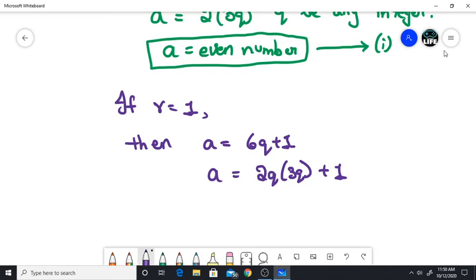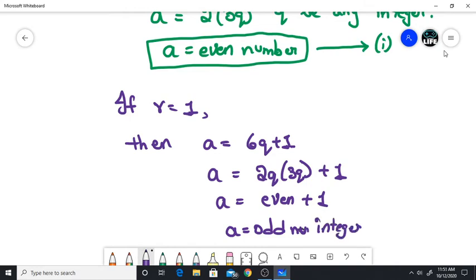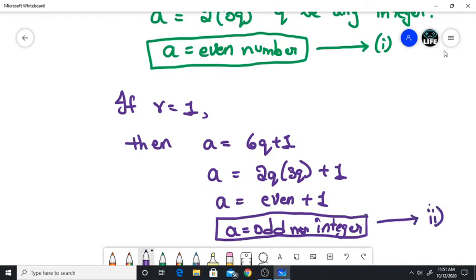We have shown in equation 1 that 2 into 3q gives you an even number. So a equals even plus 1, and even plus 1 gives you an odd number. So a equals an odd integer. Here also, even integer. Okay, this is the second equation. Mark it as the second equation.